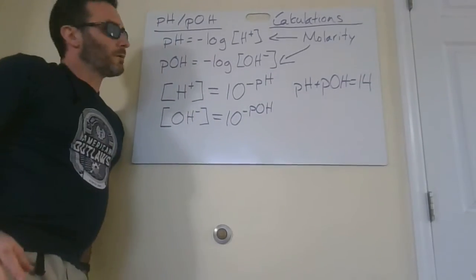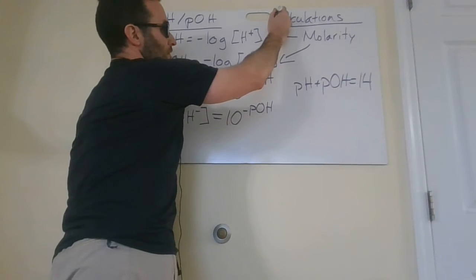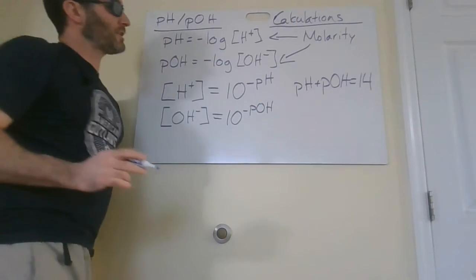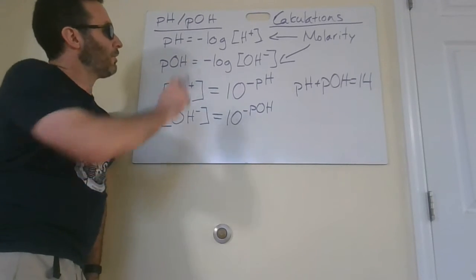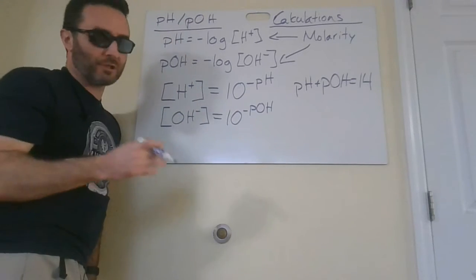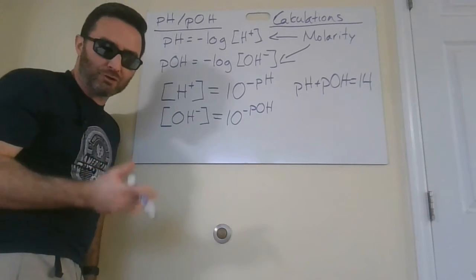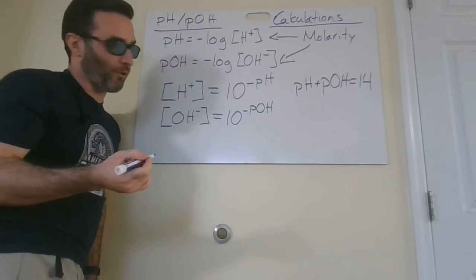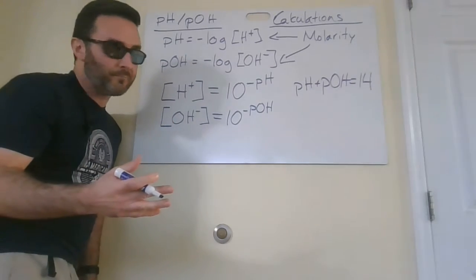So, first part of acid-base stuff, I wanted to show just some basics with pH calculations. If you're looking to find the pH of a solution, what you're actually talking about is the hydrogen ion or hydronium H3O+ concentration in molarity.